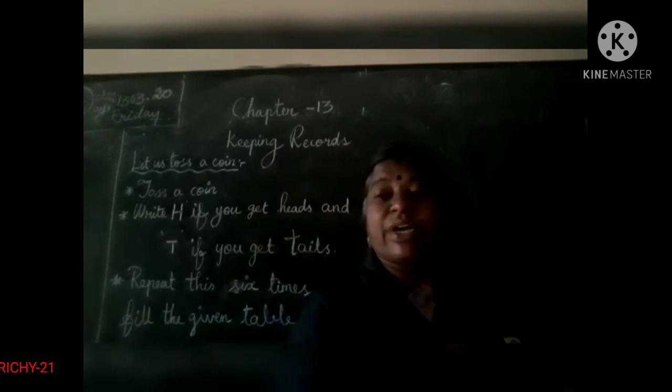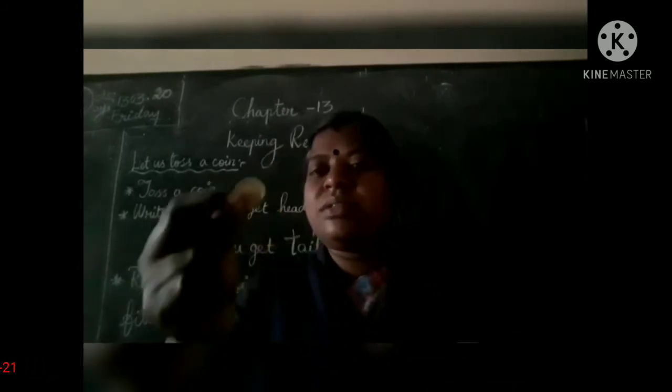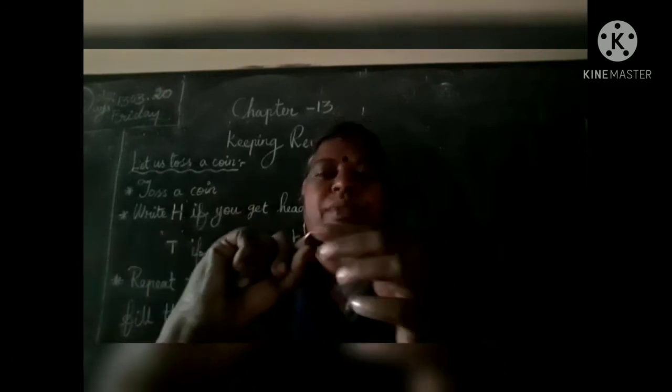Before that, see, this is a coin. It has 2 faces. One is here, another one is here. This side we say head. Can you see? Head. Another one is tail.